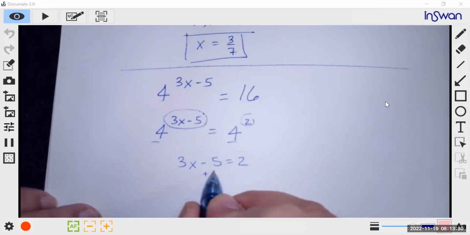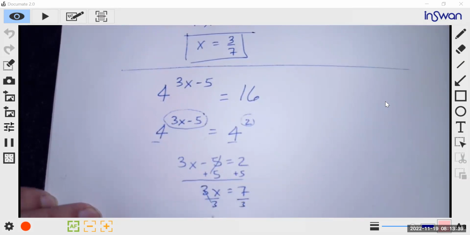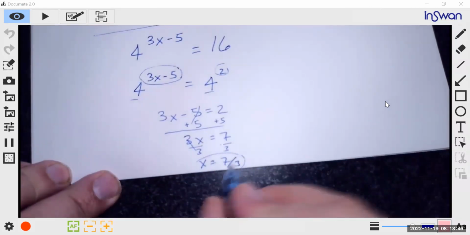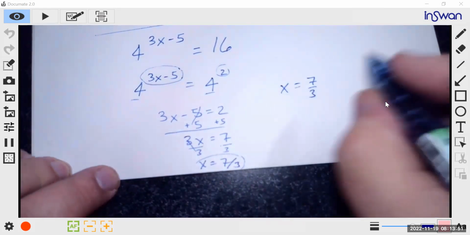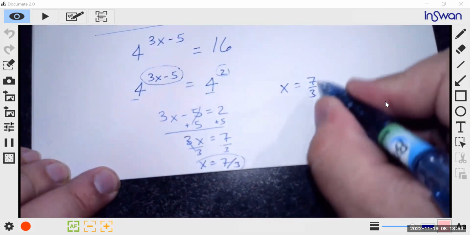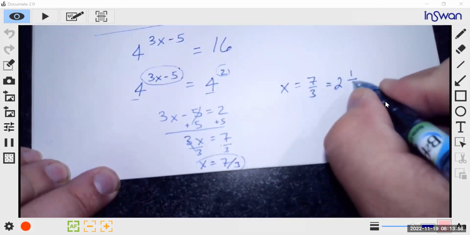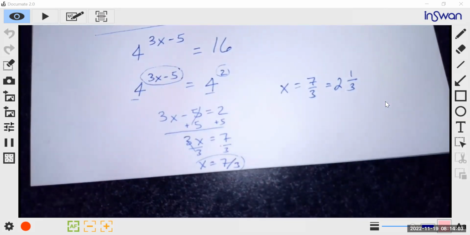And solve for x. So you add 5 to both sides and divide by 3. So the answer is x equals 7/3. If it doesn't like that, then you have to convert it, that's an improper fraction. 3 goes into 7 twice with 1 left over. So check to see how the system will accept your answer.